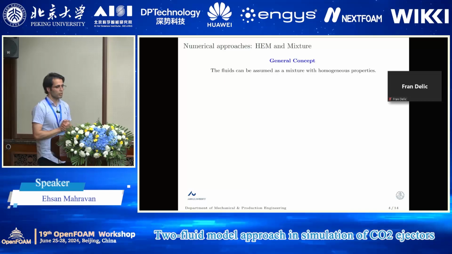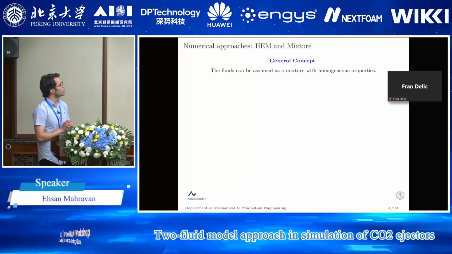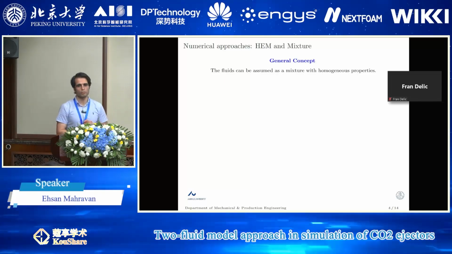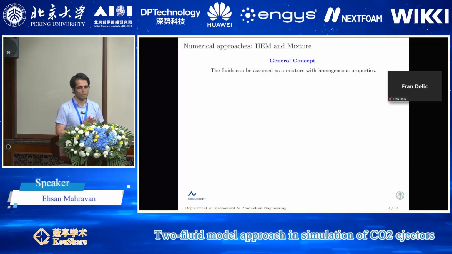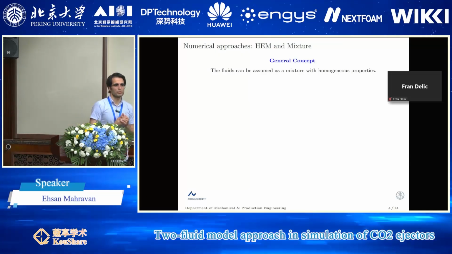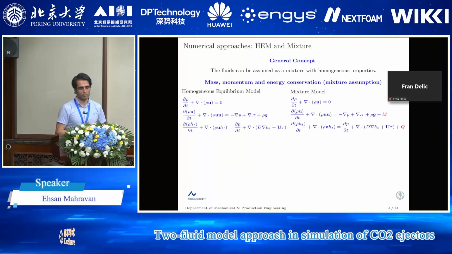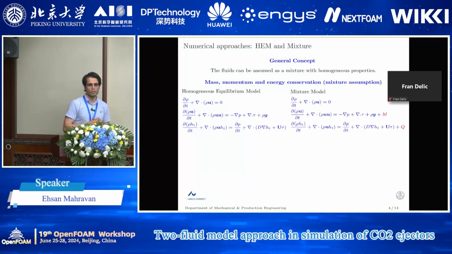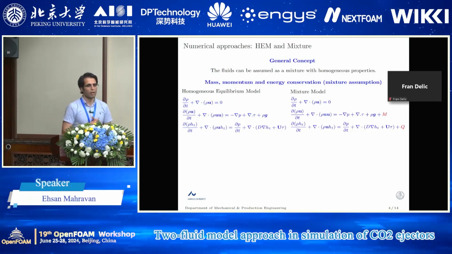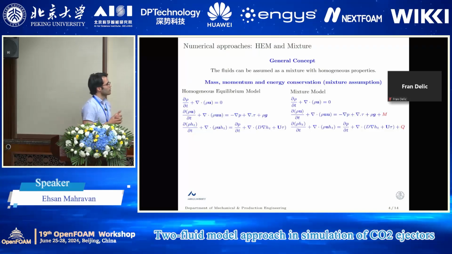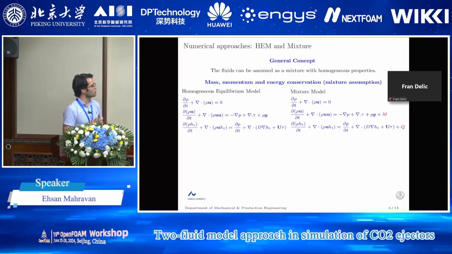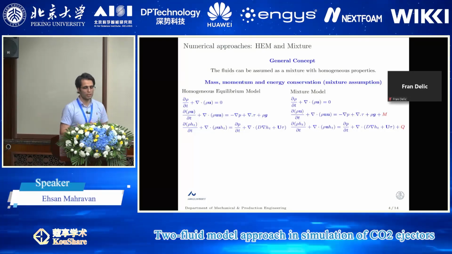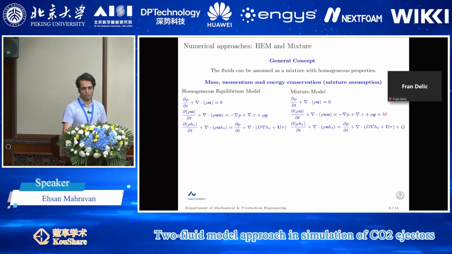So what are the numerical approaches in the literature? They're mostly focused on the homogeneous equilibrium model and the mixture model. Both share a general concept. The fluid can be considered as a mixture. So if we write down mass, momentum, and energy conservation equations, they are pretty similar, but the mixture model can handle phase interaction, like momentum transfer, heat transfer, and mass transfer. But homogeneous equilibrium models, as the name suggests, don't consider these parameters.